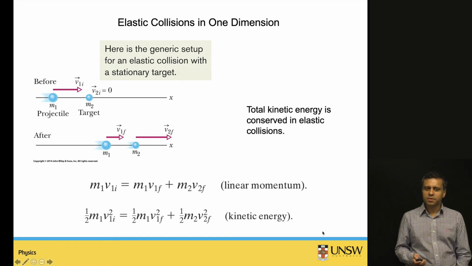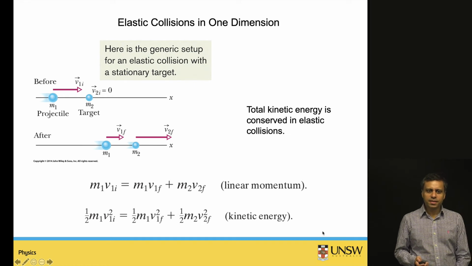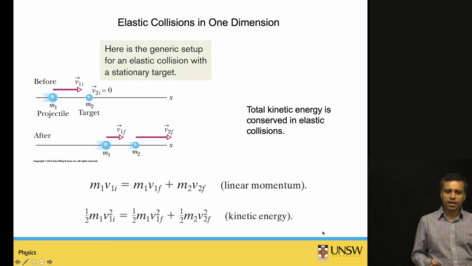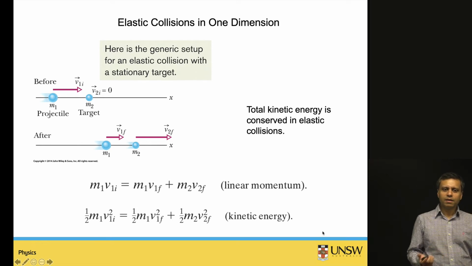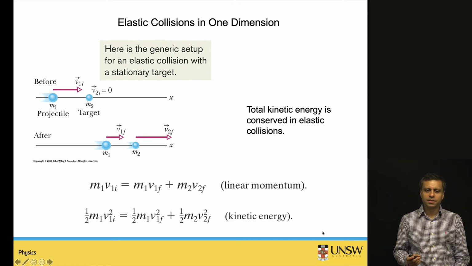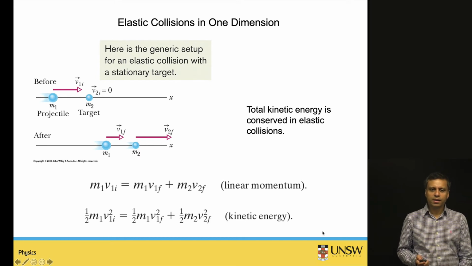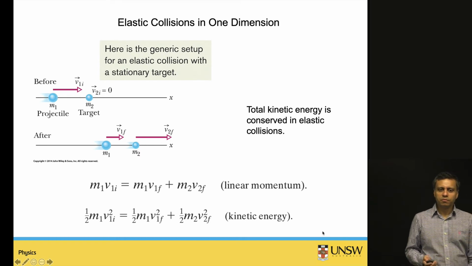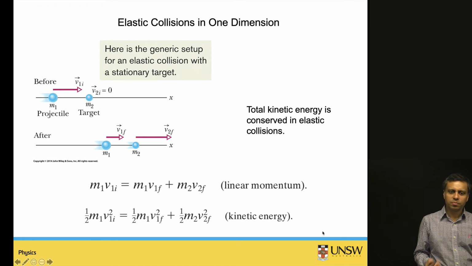Kinetic energy is a scalar quantity. So you can write the initial kinetic energy as half m1 v1i squared, because the other particle did not have any velocity. The final kinetic energy of the system is the sum of the individual kinetic energies after collision, half m1 v1f squared plus half m2 v2f squared. With these two equations, you can solve for some of the unknowns that the problem is asking about.